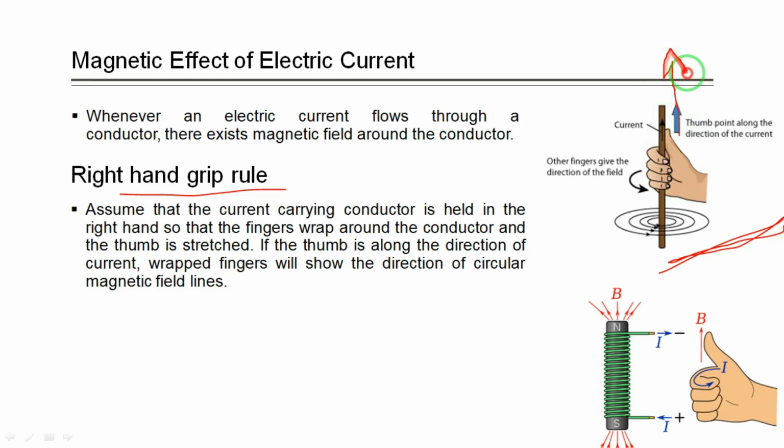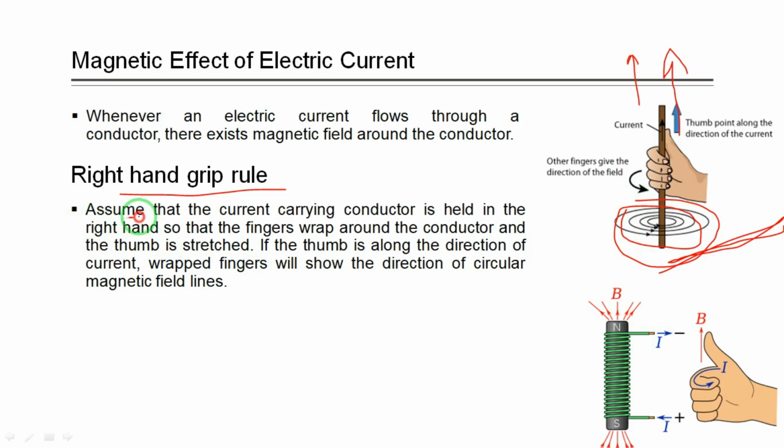So see here, the thumb points upwards, so the current is also in the upward direction. Then the remaining four fingers indicate the magnetic field direction. Those are indicated in the anti-clockwise direction. So the magnetic field is rotating in the anti-clockwise direction.